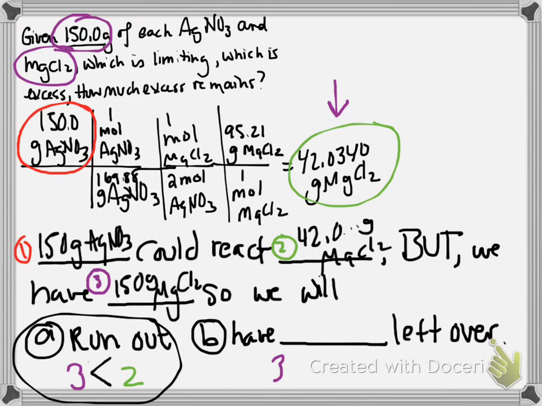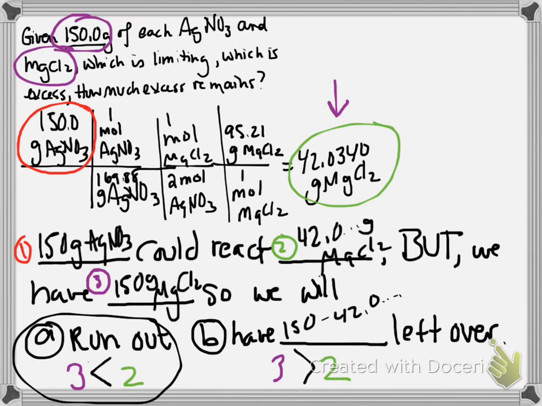If 3 is bigger than 2, then we have leftover. And the number that goes in that space is just the amount we have minus the amount we could use. So in this case, it would be 150 minus our 42.0 blah, blah, blah.